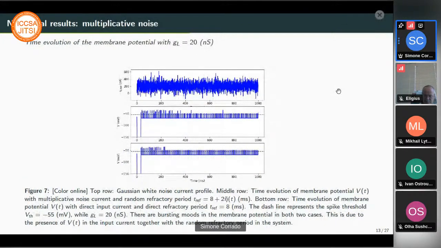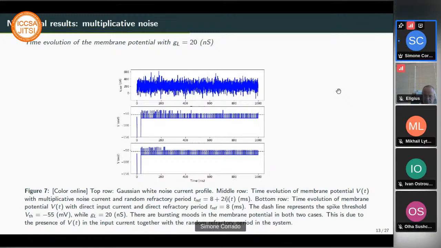Now, from here, we move effectively to the multiplicative noise case, because it is a more realistic case, right? Because noise could depend on the current situation of the system. Again, the layout here is pretty much the same. On the top figure you see white noise, then the time evolution of membrane potential with multiplicative noise and random refractory period.